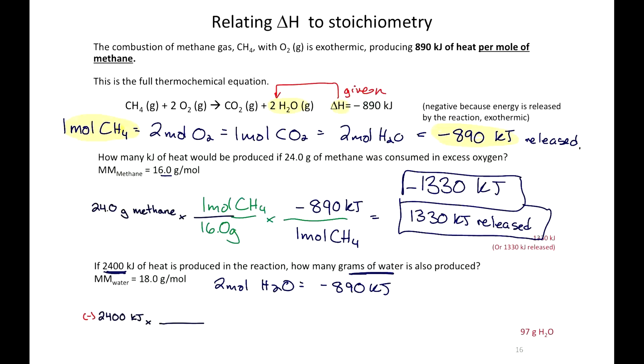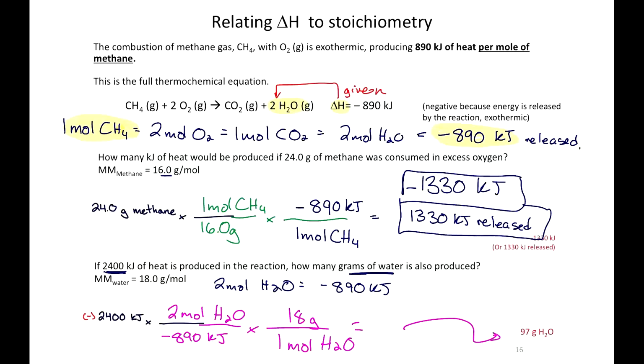Don't let the negative sign mess you up here. All we're going to be doing is multiplying by the stoichiometry to take us from delta H to water, where we want to go. So you can think of 890 kilojoules on the bottom, 2 moles of water up top, right? But we want grams of water, so let's take its molar mass. 1 mole of water is 18 grams.